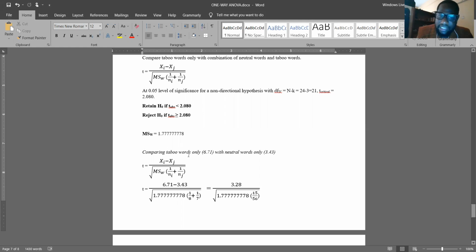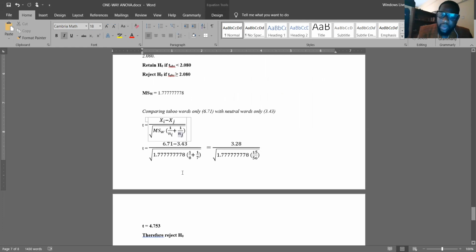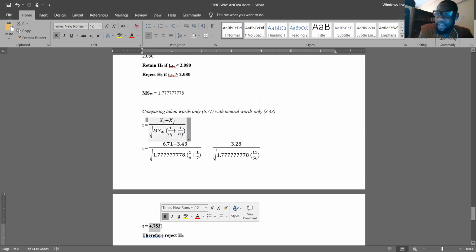And per our calculation for the protected t-test, we had it to be 4.753. It means this is the t observed value that we are looking out for.